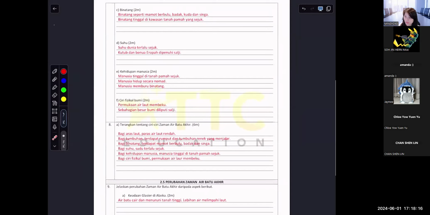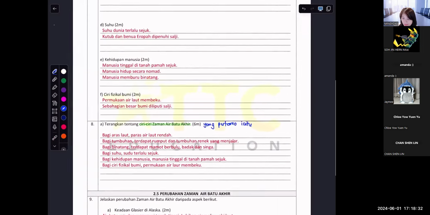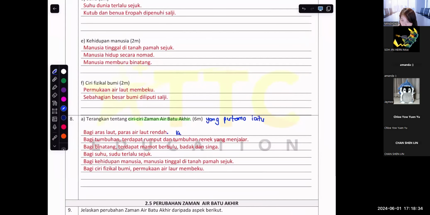For example, you just need to, example, ciri-ciri zaman air batu akhir. Yang pertama, yaitu bagi aras laut, paras air laut rendah. Full stop. Kedua, ciri kedua, or kedua also can. Ciri kedua, bagi tumbuhan, terdapat rumput dan tumbuhan renek yang menjala. Full stop. Ciri ketiga, like this you can put penanda wacana.